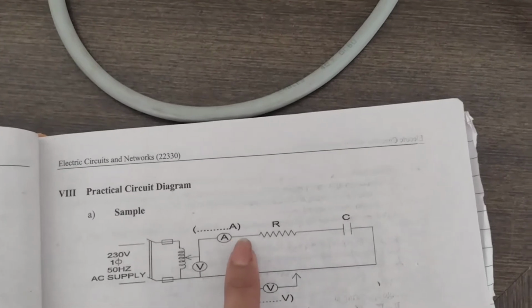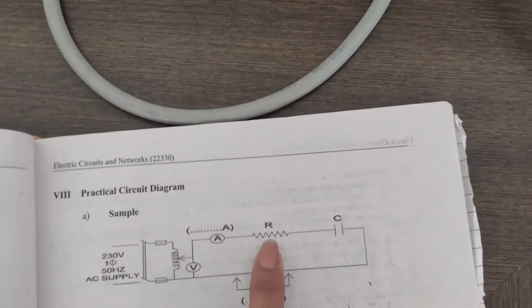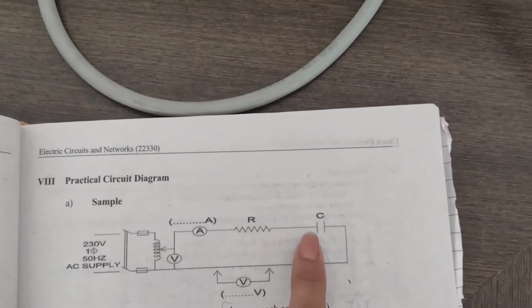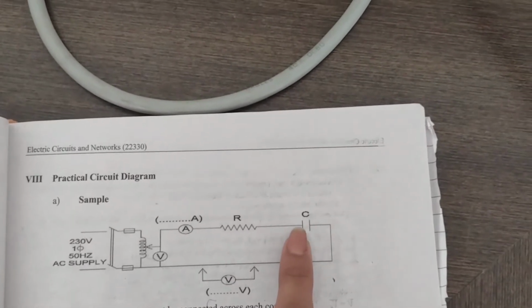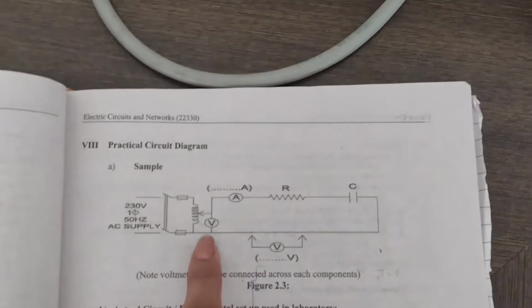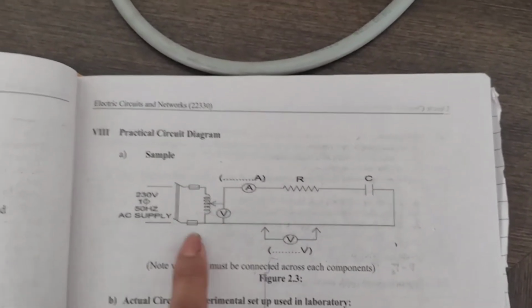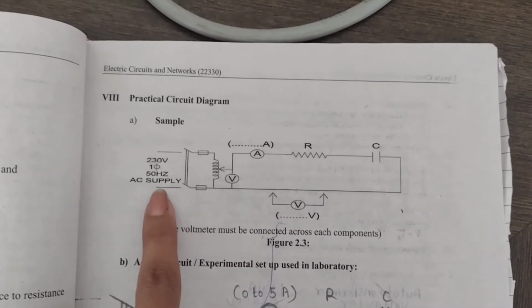Then the range terminal of this ammeter is connected to the first terminal of a resistive load. Then the second terminal of this resistive load is connected to the first terminal of a capacitive load, and the second terminal of the capacitive load is connected to the range terminal of the voltmeter, and then the range terminal of the voltmeter is connected to the neutral terminal of this auto transformer.